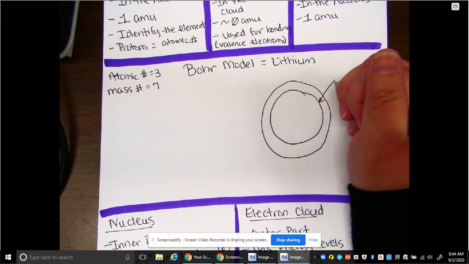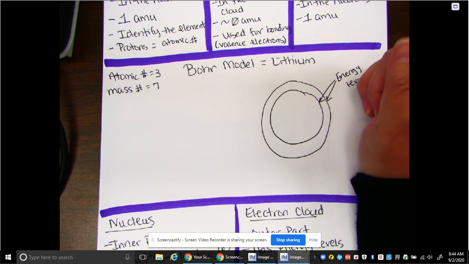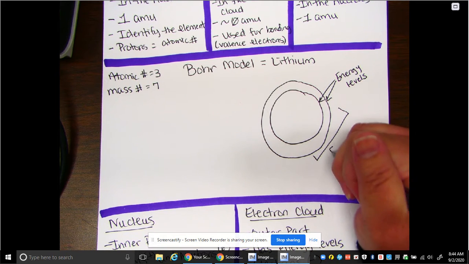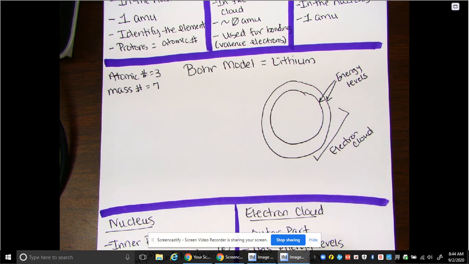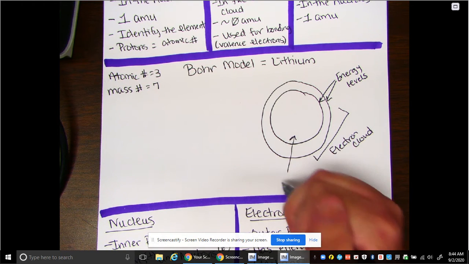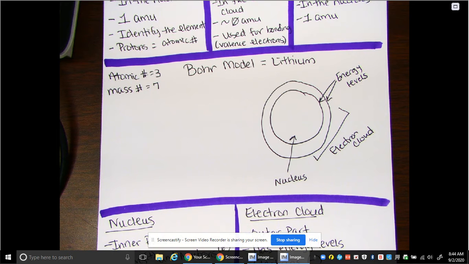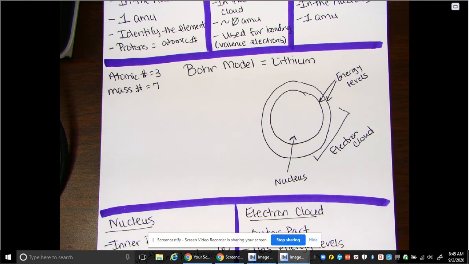So energy level 1, energy level 2, here are my energy levels. Together, this is my electron cloud. And the center part is my nucleus. That's just me showing you the parts of the atom: nucleus in the center, energy levels, electron cloud.